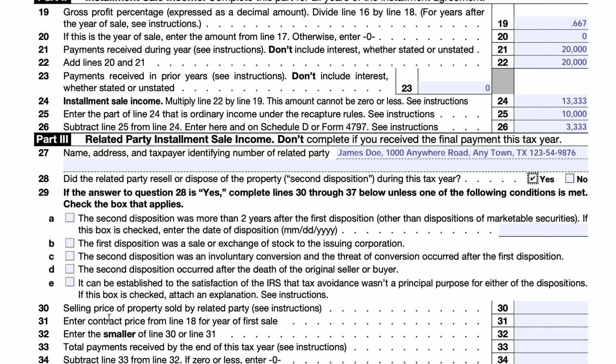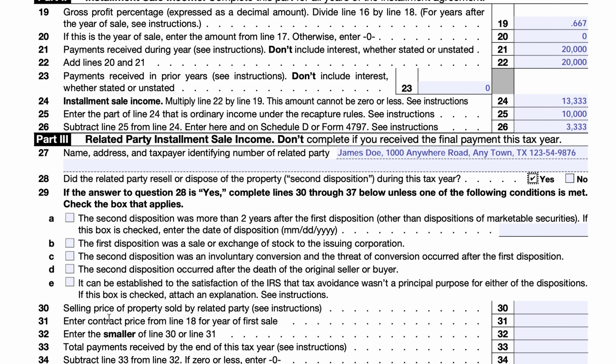If the first sale was a sale or an exchange of stock back to the issuing corporation, so this would be if John Doe was the CEO of Doe Enterprises and he's selling stock back to them, there's a stock buyback or something like that.